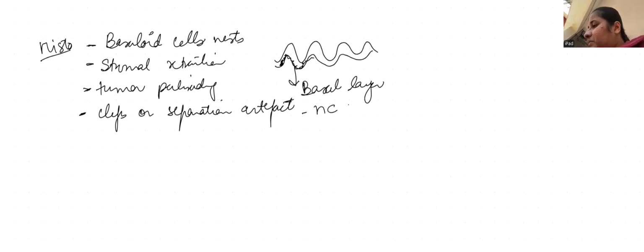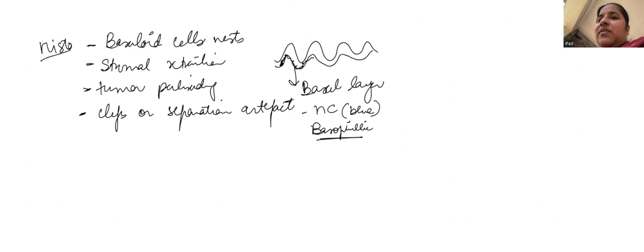These are basophilic, hyperchromatic cells. These 4 points are what we take into consideration for the diagnosis of the BCC.